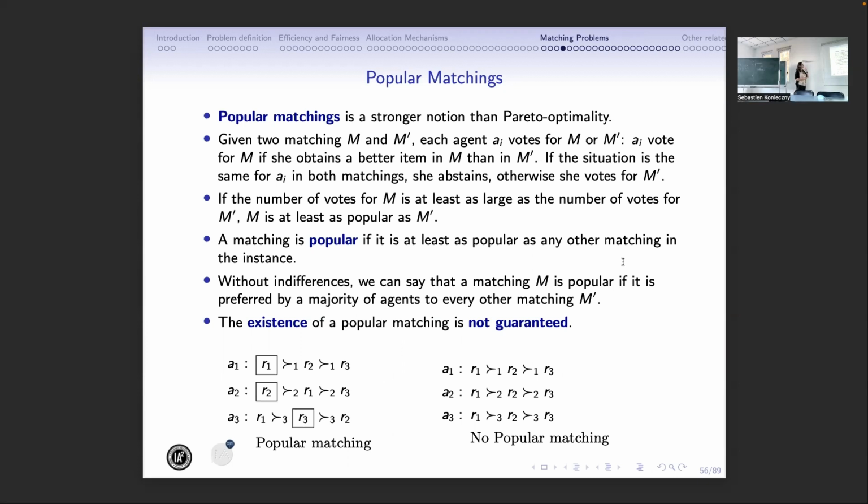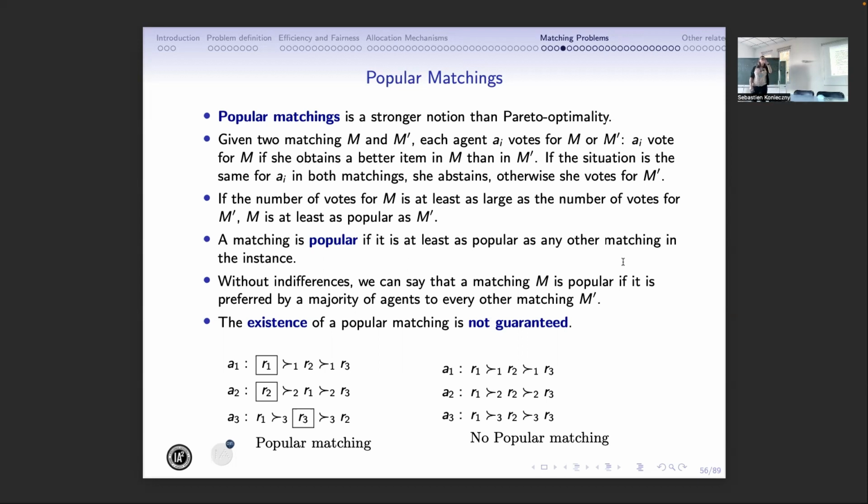And we say that matching M is at least as popular as M prime if it obtains at least as many votes as M prime. If the number of votes for M is at least as large as the number of votes for M prime, M is said to be at least as popular as M prime. And a matching is said to be popular if it is at least as popular as any other matching.